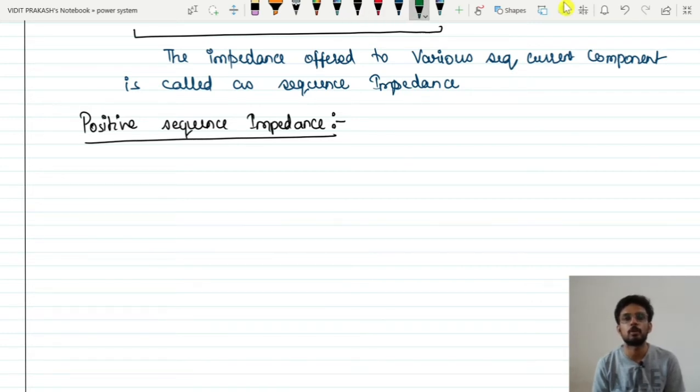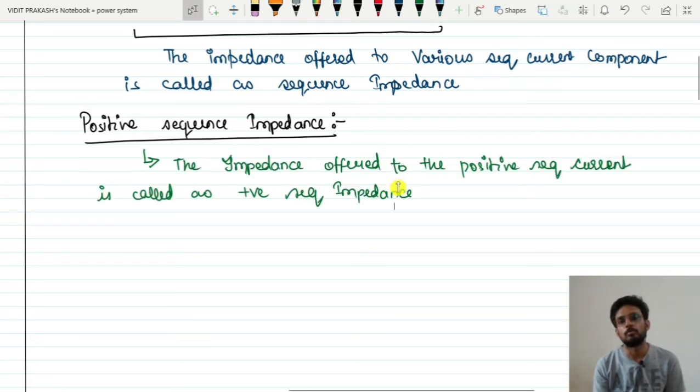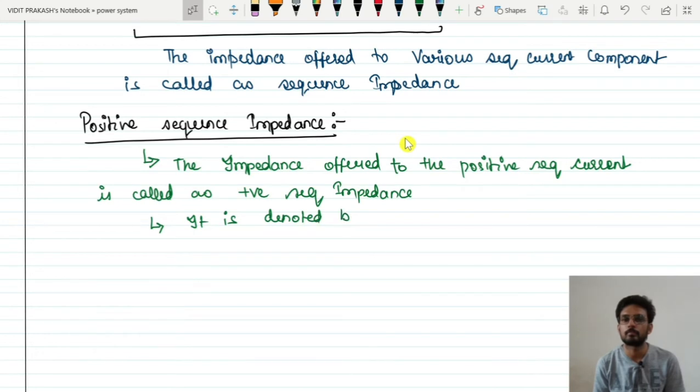The impedance offered to the positive sequence current is called positive sequence impedance, and it is denoted by Z1.